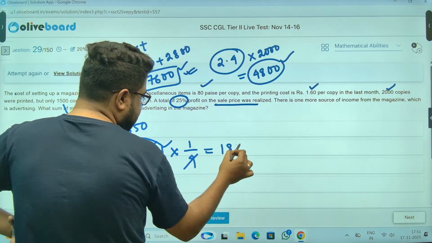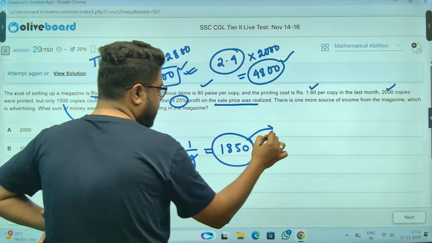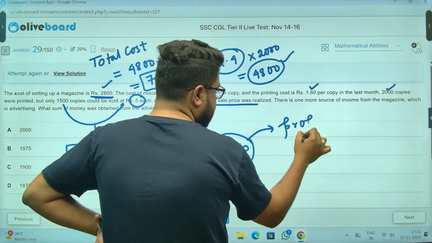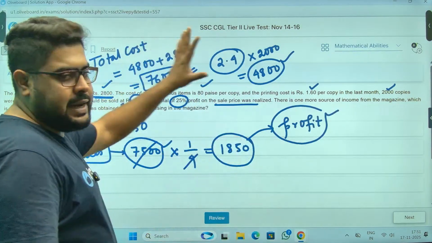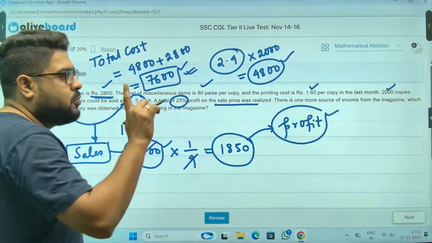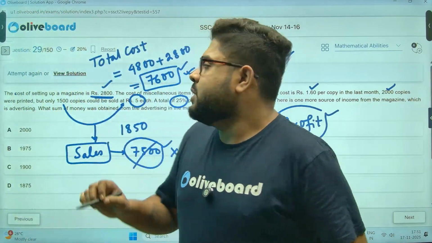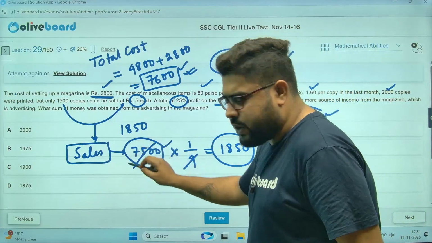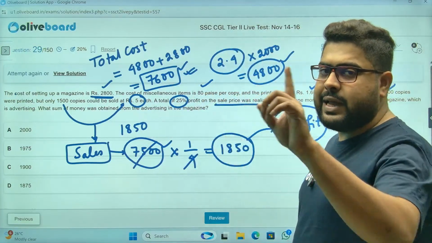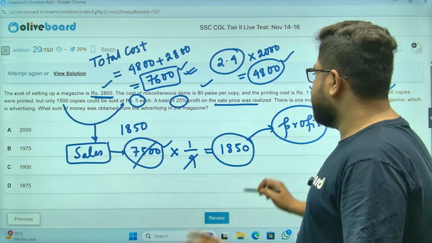So 1850 rupees profit I need to make. This much profit we need to make. But still, till now, we are moving at a loss of 100 rupees. Because 7600 rupees is the total cost, we have only recuperated 7500, meaning 100 rupees loss still.